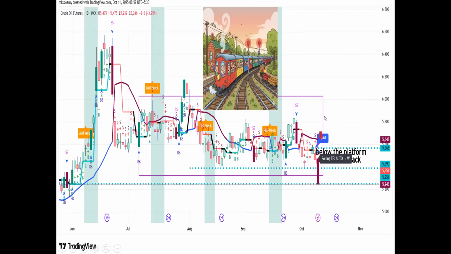This is the chart of crude oil I'm showing you. I've blocked it from July, August, September, October. The train was halted over here, trading going up, down, rotating here. It didn't go anywhere. Midweek of the month is an alert.